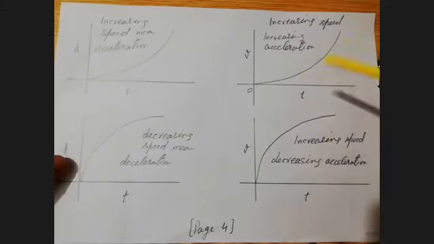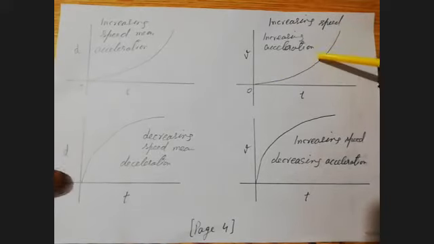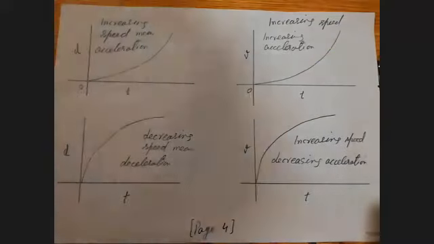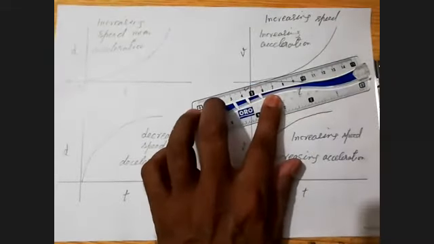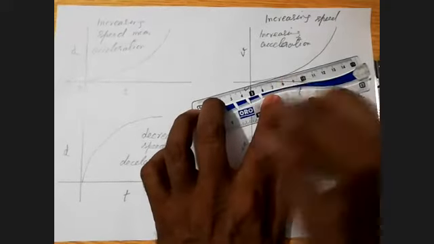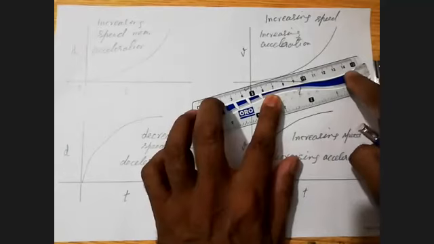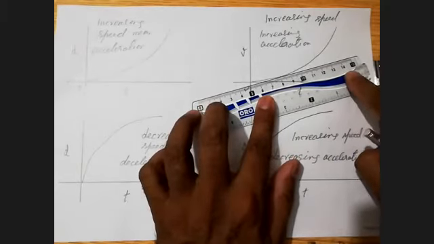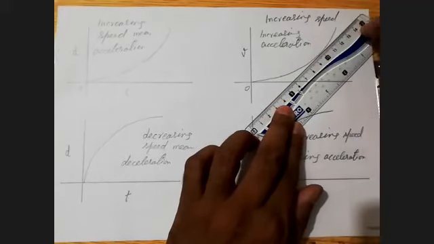As I told you, at different points of the curve, the acceleration can be calculated with the help of the gradients of the line. As you know, here the gradient is lesser. If I draw a gradient at this point of the curve, my foot ruler is less steep. But if I come to this point, my foot ruler has become more steep.